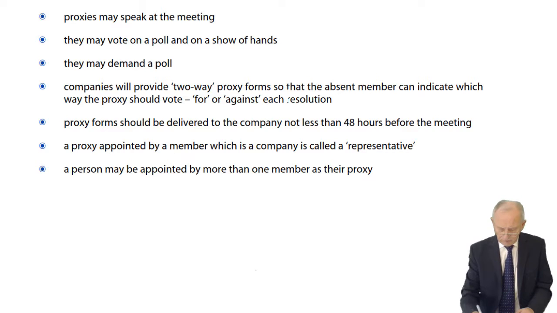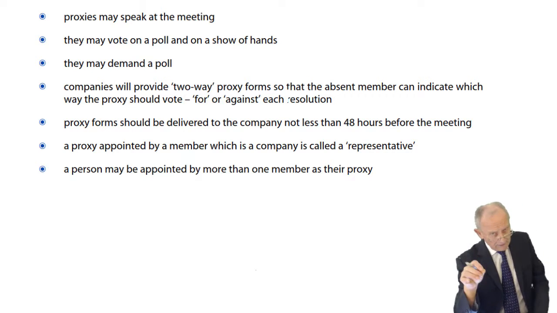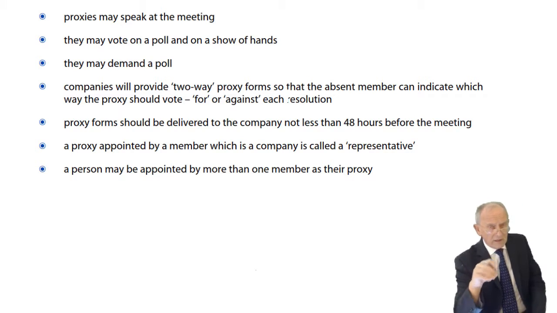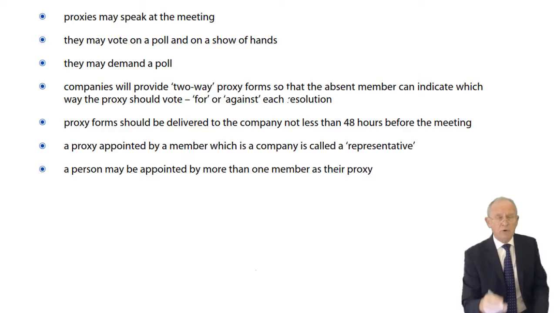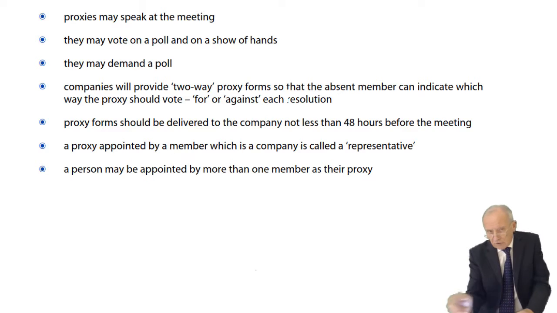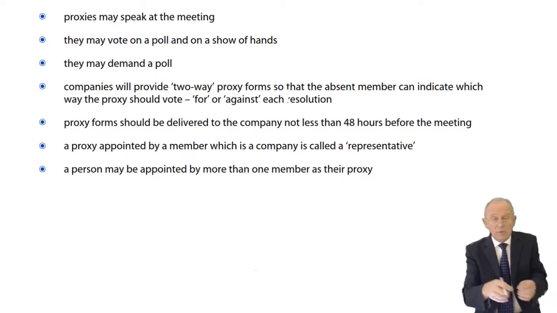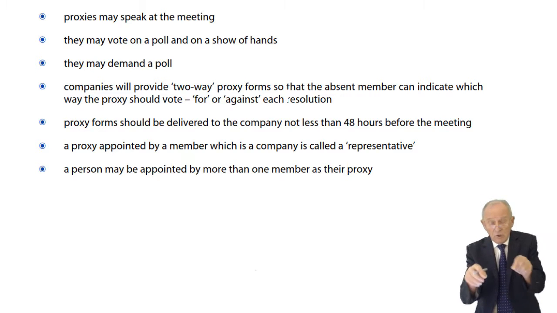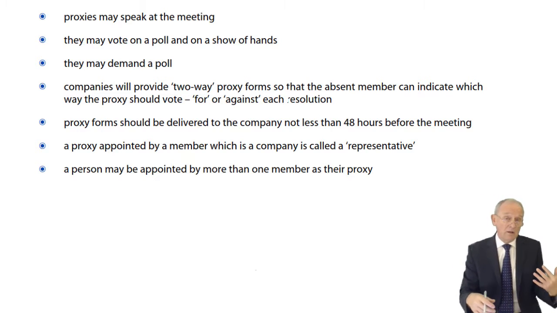These proxy forms, open-ended, typically will start with a legend that says, I hereby appoint the chair to be my proxy, or failing him, and then they will write the name of the person they want to attend. They may even cross out the words chair, or it may say, I hereby appoint, and then the name, or failing them, the chair.